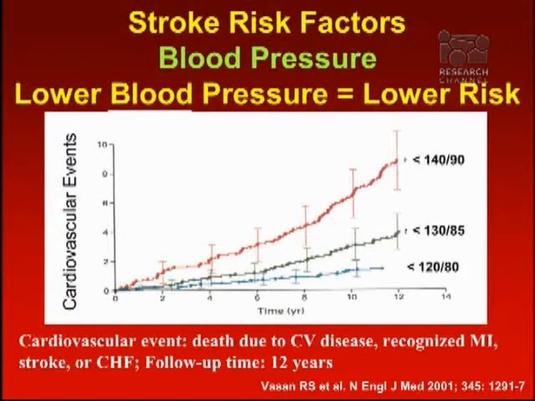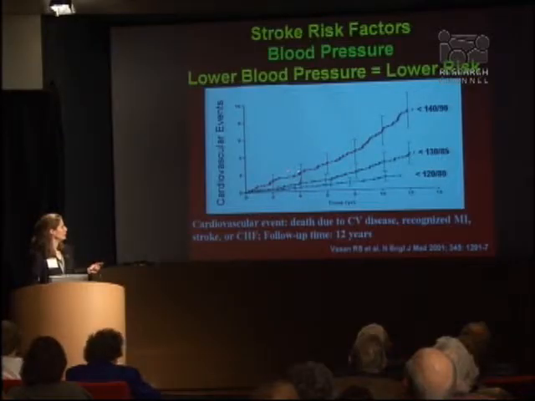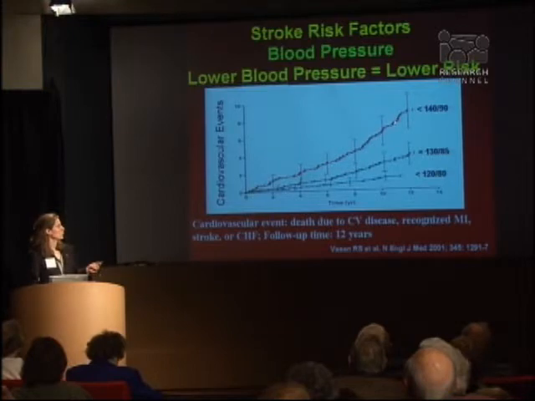So what about blood pressure? What we do know is the lower your blood pressure is, the lower the risk of stroke is. This was a study done in 2000 and published in 2001, and they looked at patients who had high normal or borderline blood pressure.